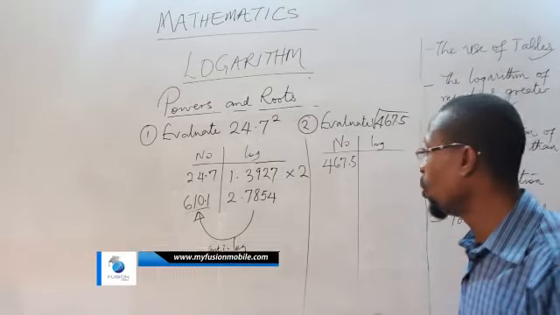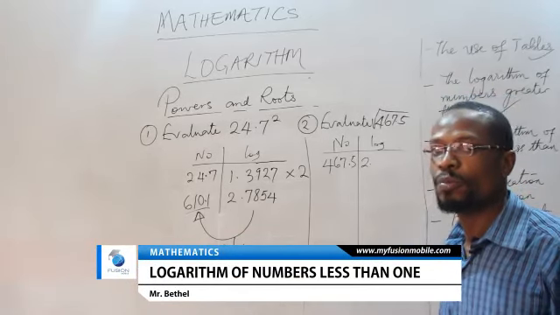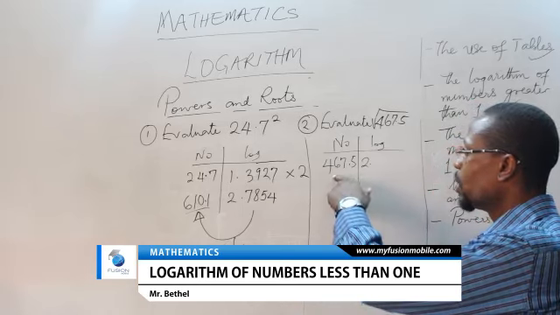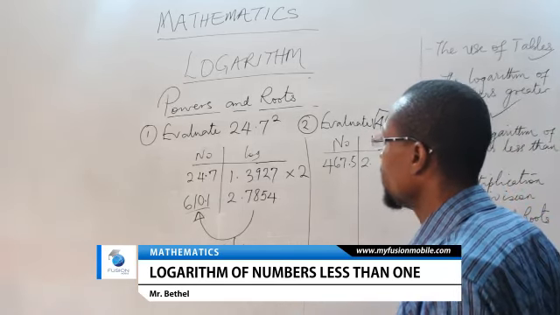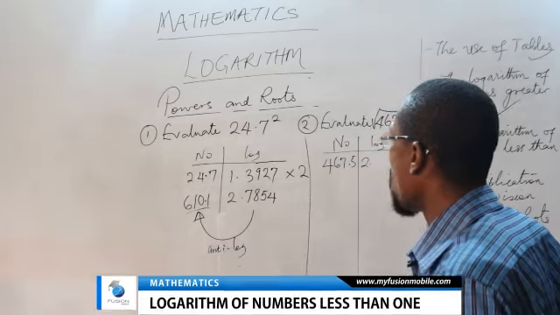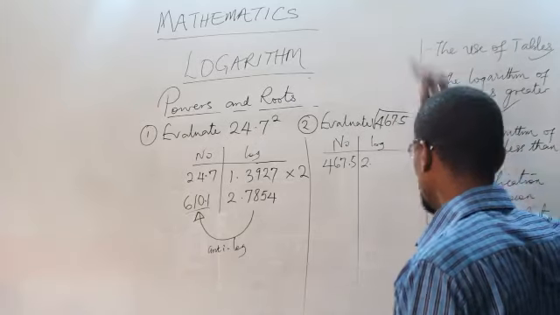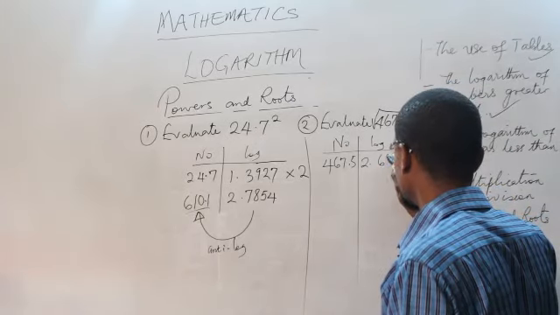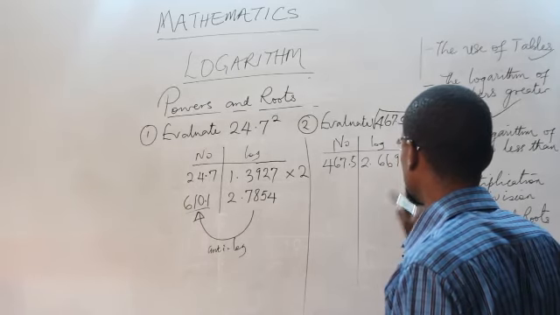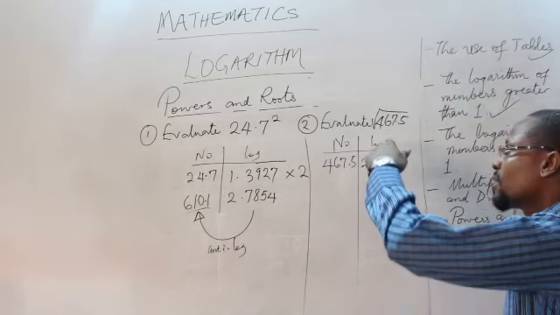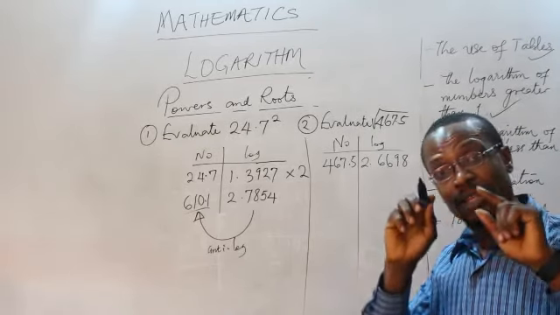By now you should know that the characteristic is 2. Of course, you drop your point. And then we go on to get the logarithm of 46 under 7 difference 5. And that will simply give us 6,698.